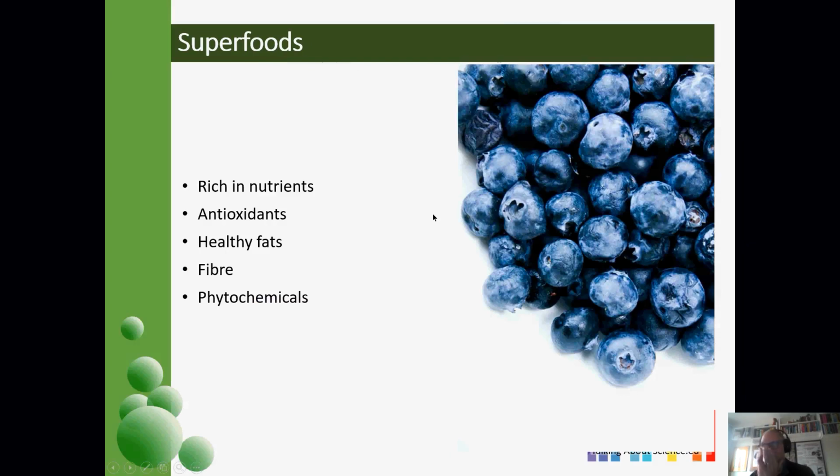Okay, so coming to the foods themselves. Some of you may have come across a term which is called superfood. Superfoods are particular types of food which are extremely rich in particular types of nutrient, which are highly prized.